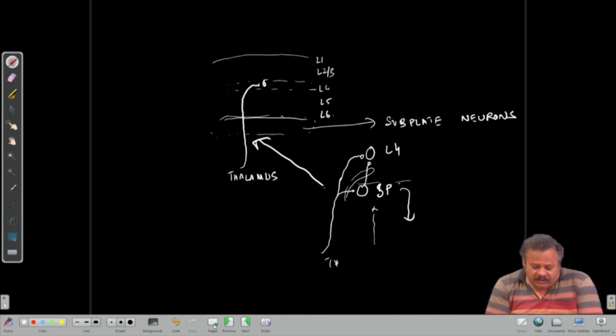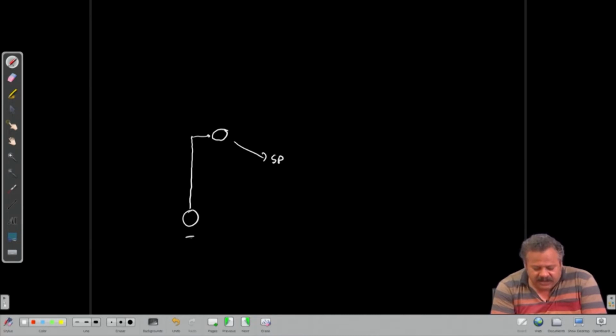If we now go back step by step, the most interesting part is later on. This is the subplate neuron, and let us say we have a thalamic neuron. Initially it is like this, then there is a second part that let us mark with blue.